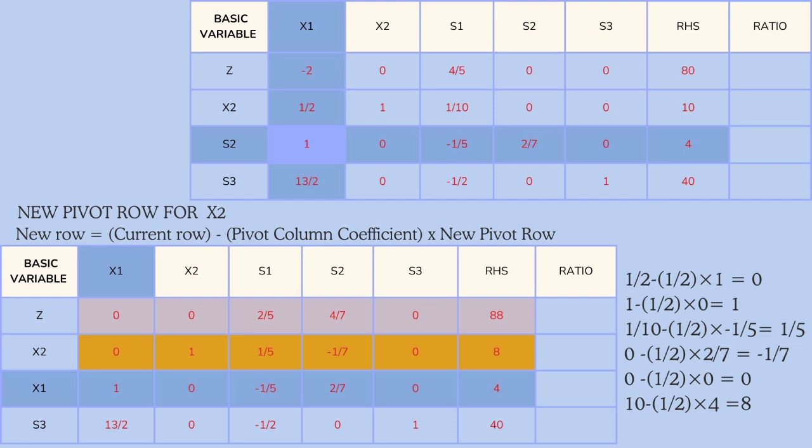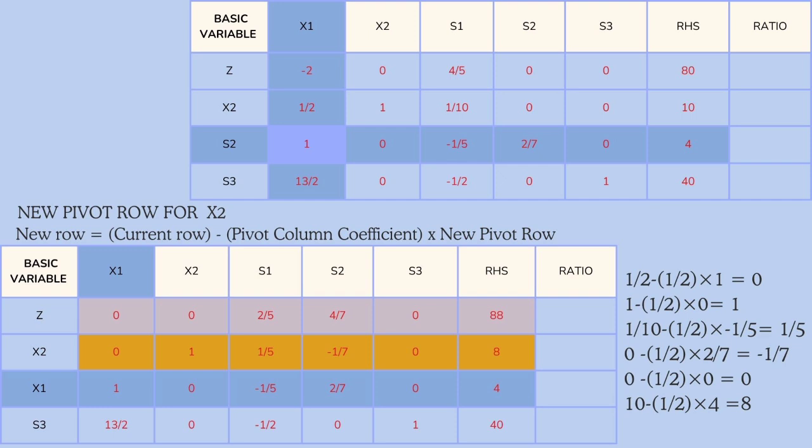The next is 1 minus 1 over 2 times 0 is equal to 1. 1 over 10 minus negative 1 over 2 times negative 1 over 5 is equal to 1 over 5.